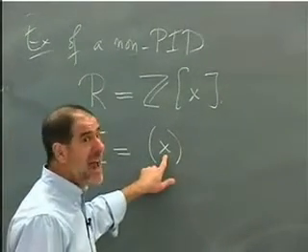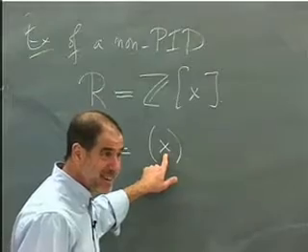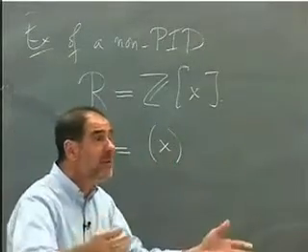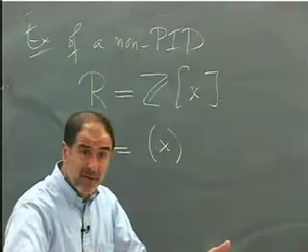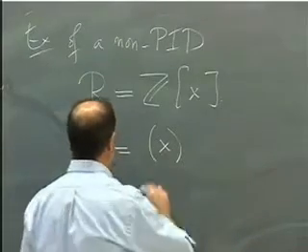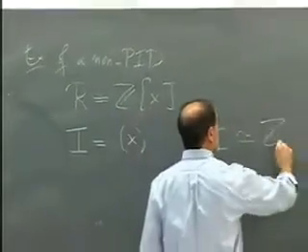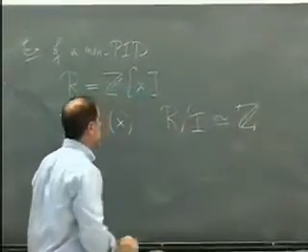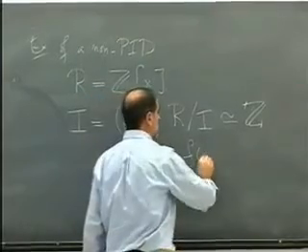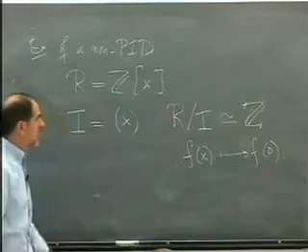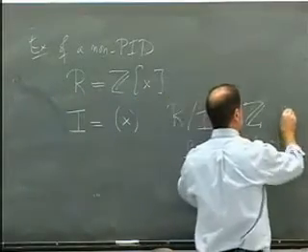You can't factor X. I mean, it would have to be a polynomial of less degree, and if it was less degree than that, it would be a constant, right? And in fact, R mod I is isomorphic, as you showed on the exam, to Z by the map that takes f of x to f of 0. And this is an integral domain.